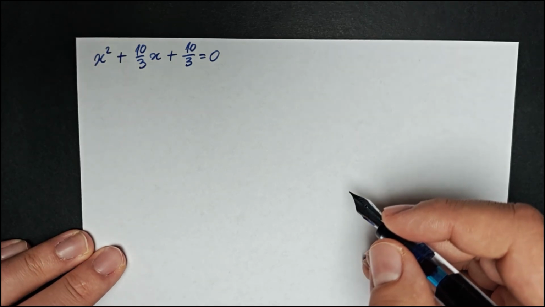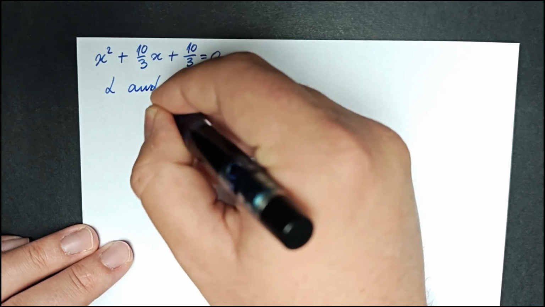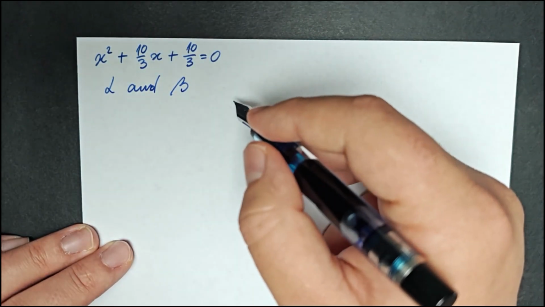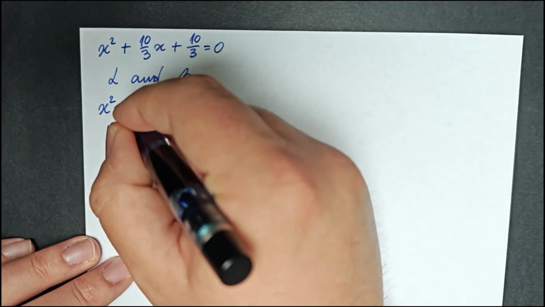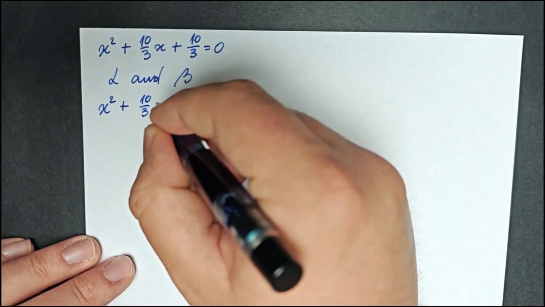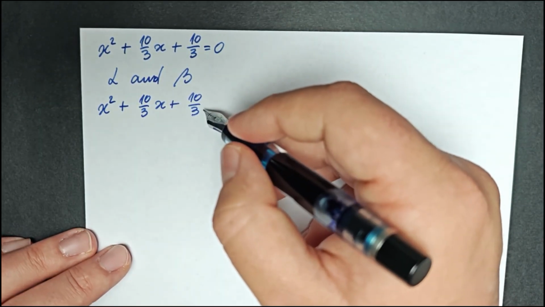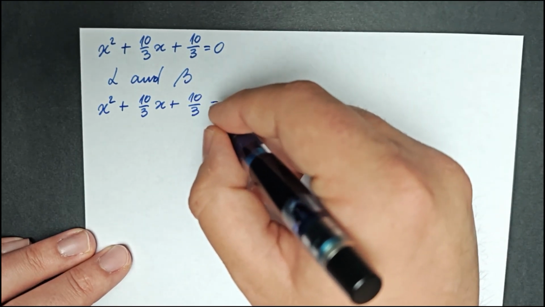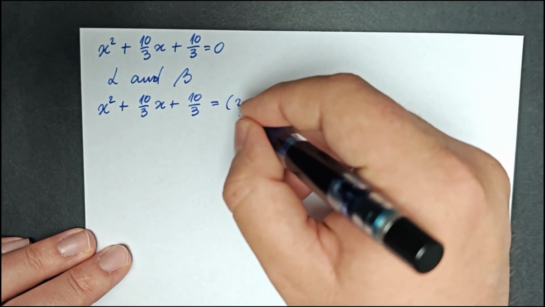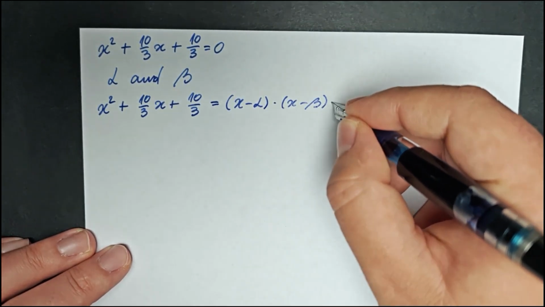I am going to make a proposition that numbers alpha and beta are the solutions of this equation. So the polynomial x squared plus 10 over 3x plus 10 over 3 has two roots, and those roots are alpha and beta. That means that this polynomial can be written as x minus alpha multiplied by x minus beta.